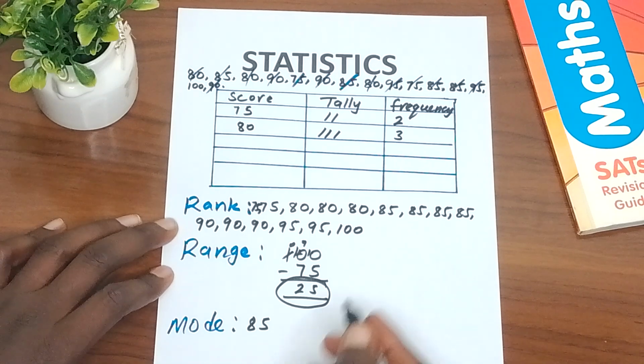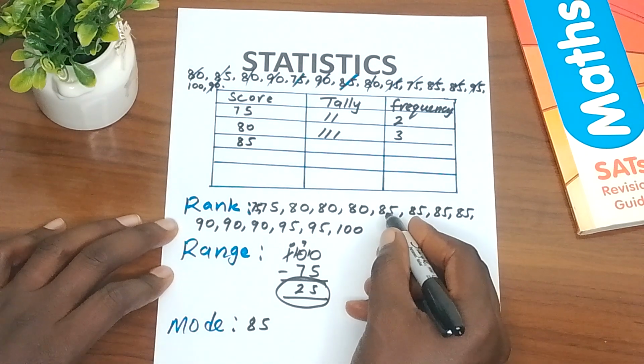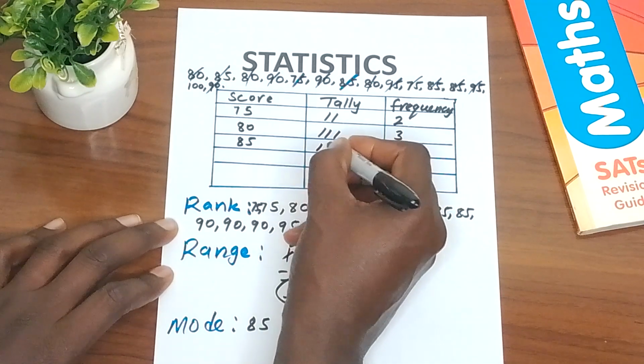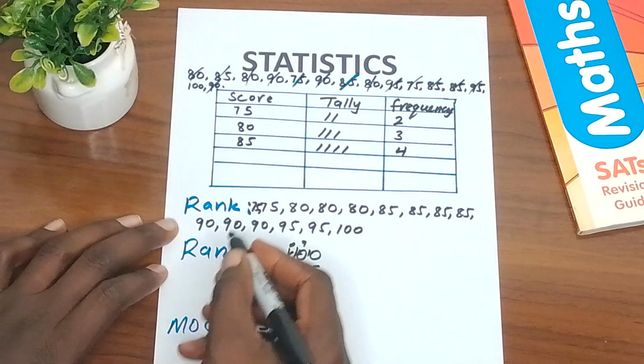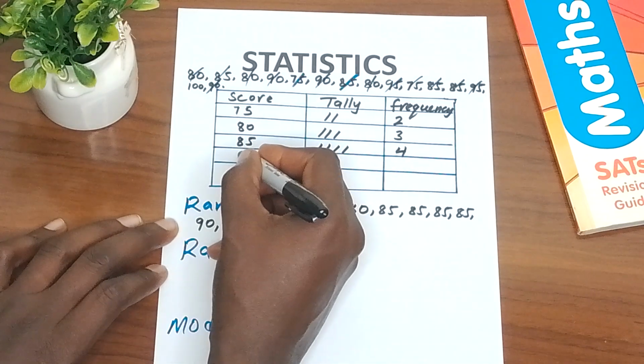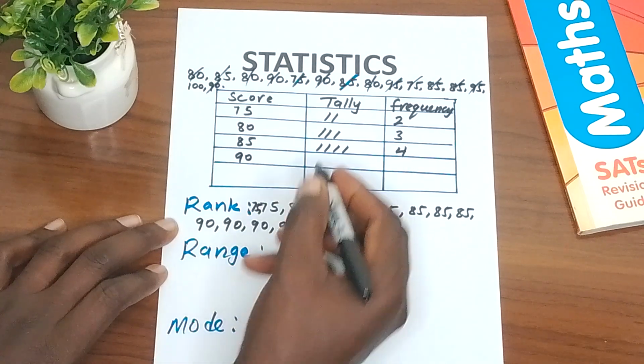Then we go to 85. How many were they? 1, 2, 3, 4. Then you write 4. Then we go to 90. 90, that is 1, 2, 3.